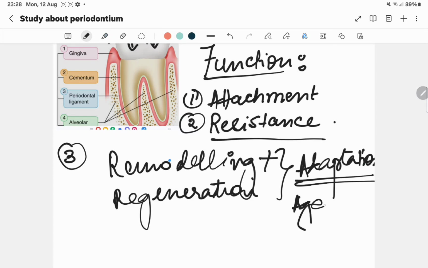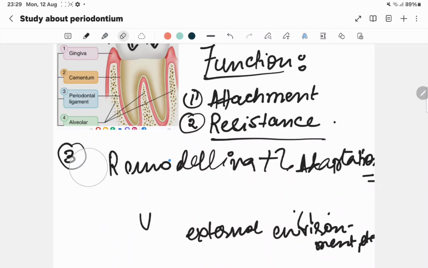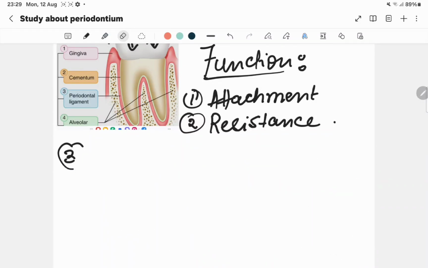Adaptation to age, external environment, etc. Let's just write here adapt.